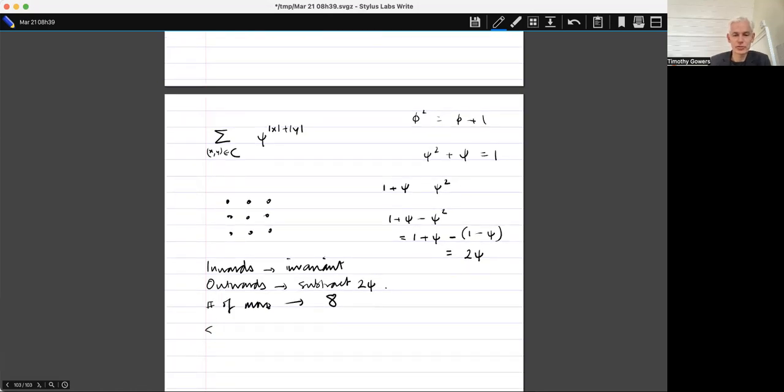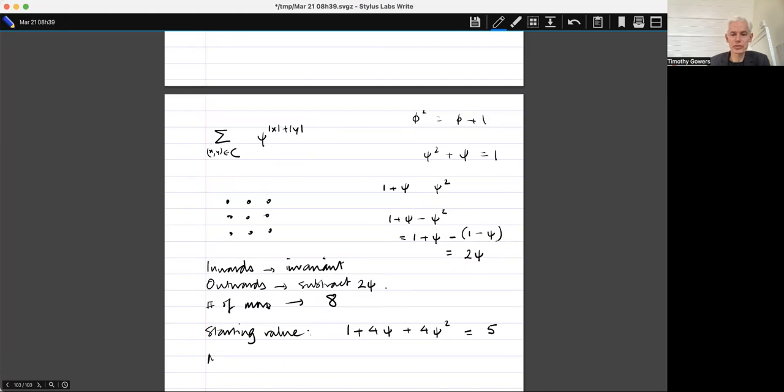Starting value, so these calculations are going to be rather similar to what I had before. 1 plus, and then there are 4 at distance 1, so 4 psi, and 4 at distance 2, 4 psi squared. But I've got to be a little bit more careful here. It's psi squared plus psi equals 1, so this equals 5.